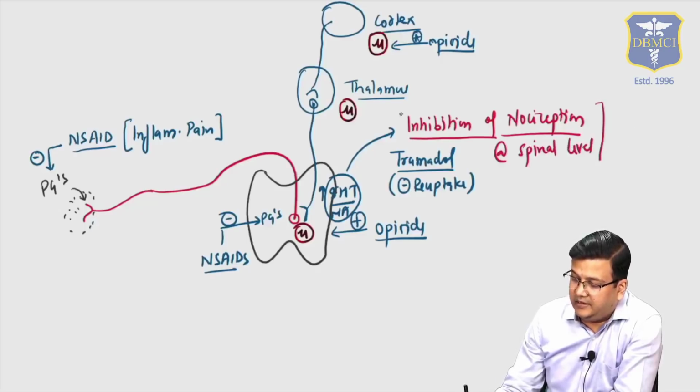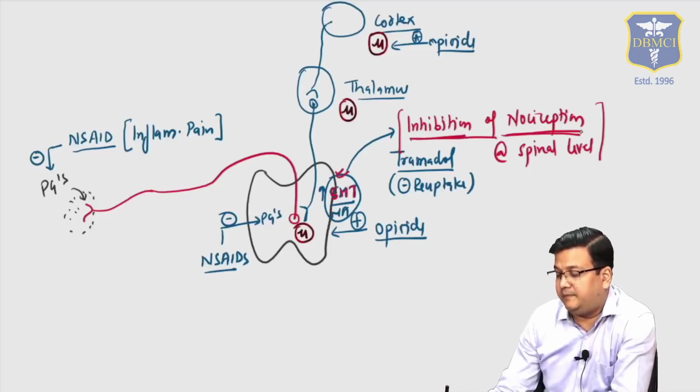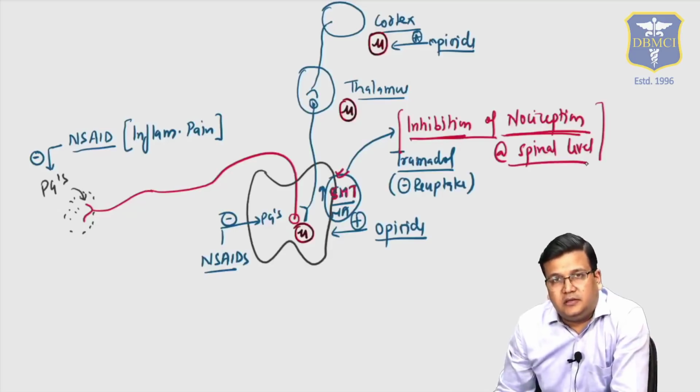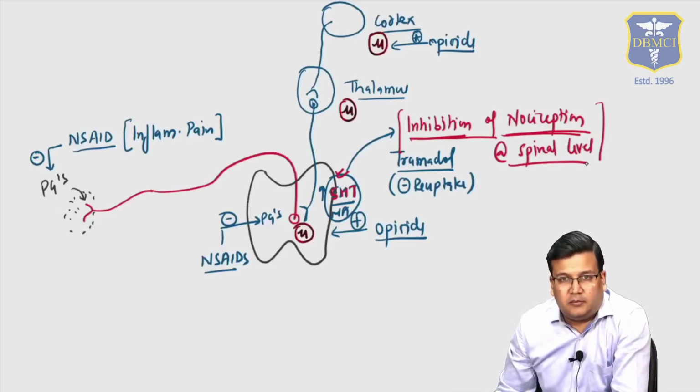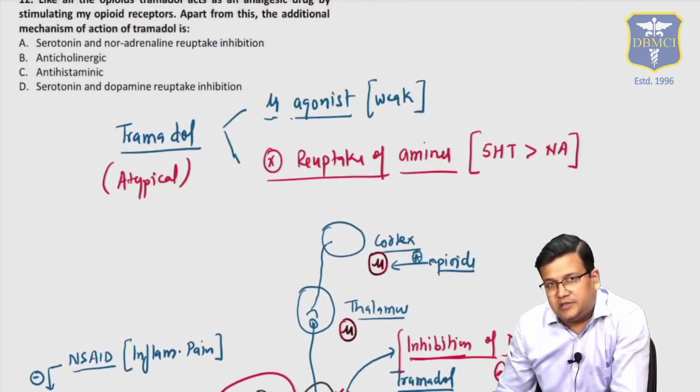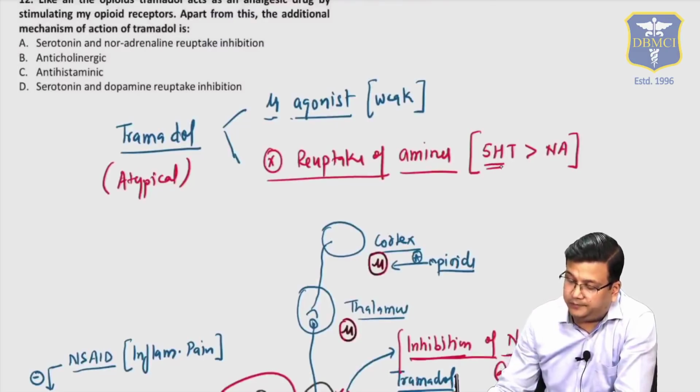Whenever serotonin increases, it causes inhibition of pain perception at spinal level. So that is also involved in the pain control by tramadol in addition to the opioid action. So it has two mechanisms, mu agonism and reuptake inhibition of amines, serotonin more than noradrenaline.